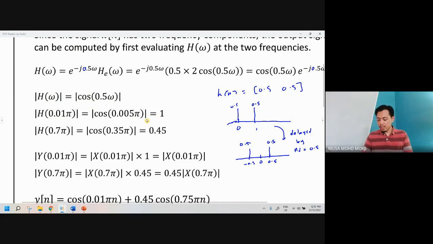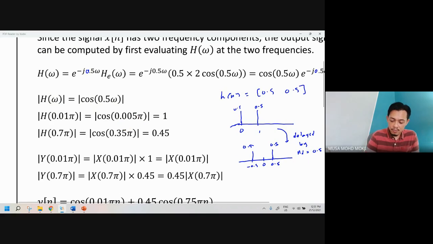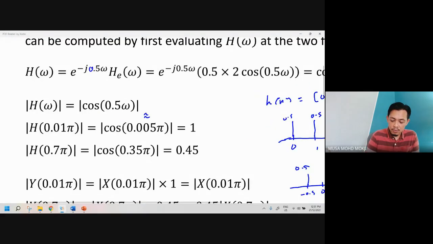So you can try that, solve that. I'm writing it here. It is equals to 1, or maybe close to 1, because this is very close to 0, 0.005 pi. So this is actually close to 0, and cos 0 is equals to 1.